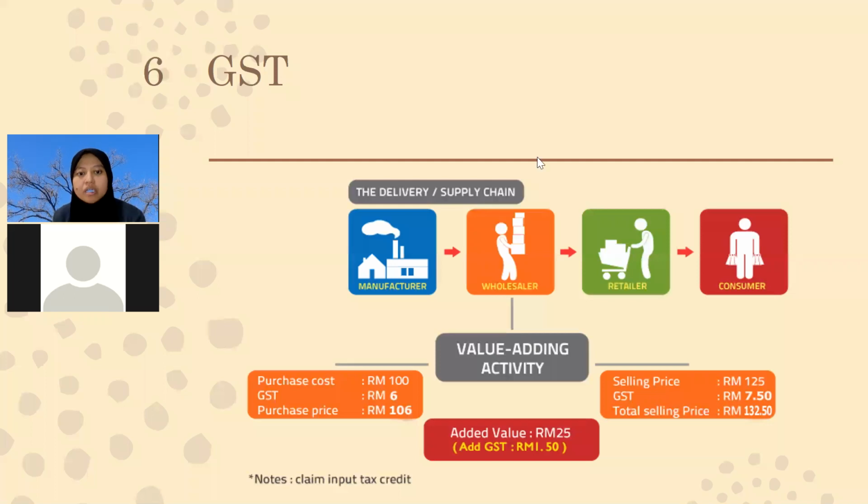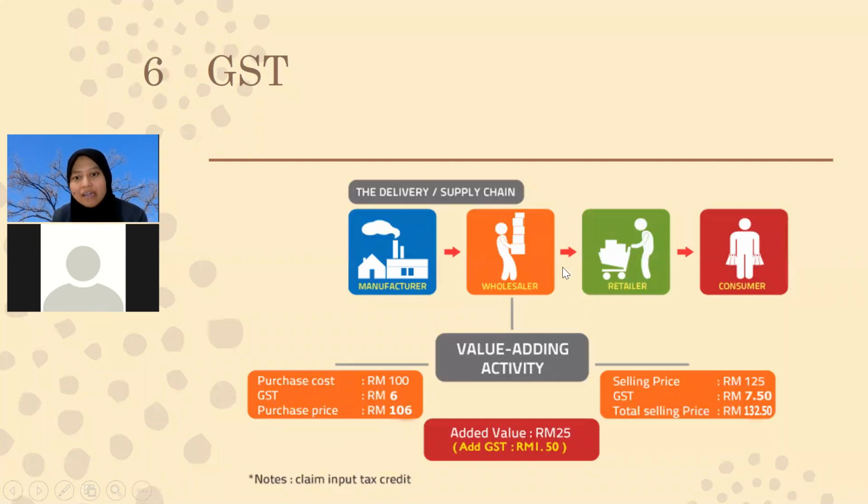So this is another illustration of how GST is imposed. For example, the wholesaler purchases for 100 ringgit. When GST is imposed at 6%, the price they need to pay is 106.